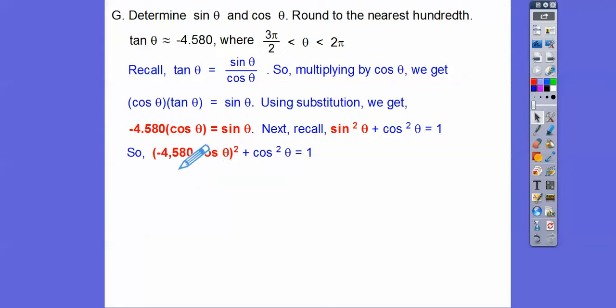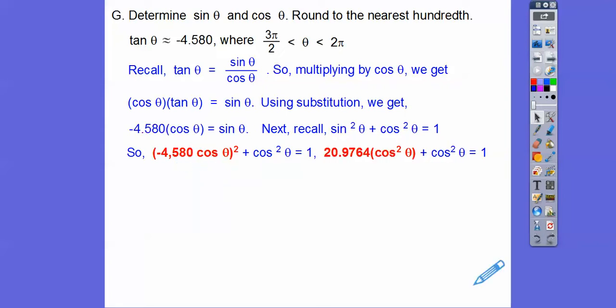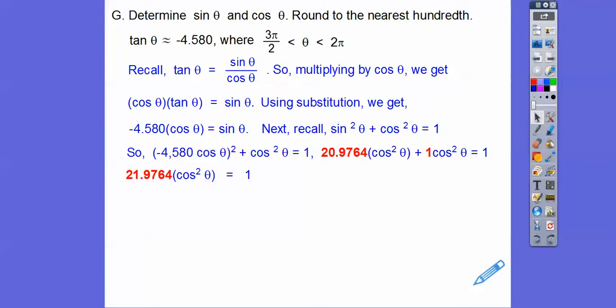When we square that, we get that, and then we're going to combine like terms. The like terms, they're both cosine squareds now, so 20.9764 plus 1 is 21.9764 cosine squared.